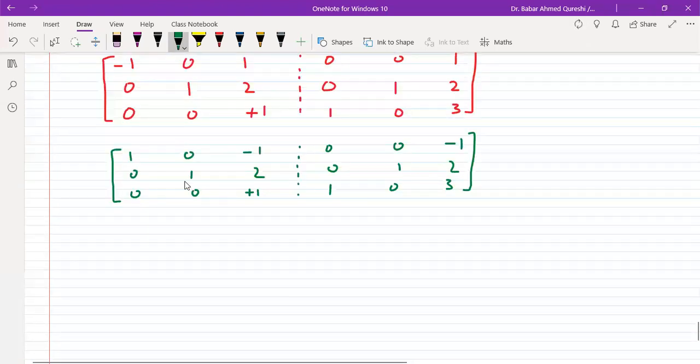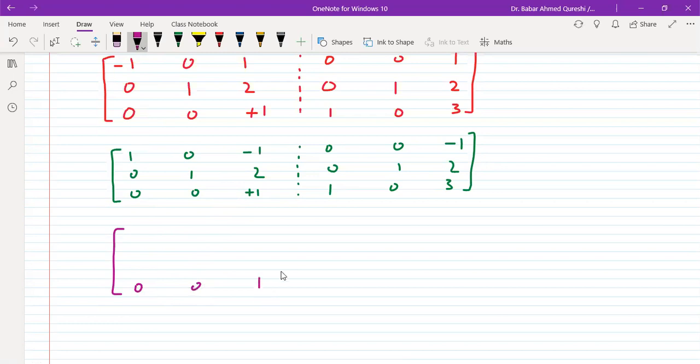Now I have got my echelon form and I just have to make it reduced. So I have to eliminate the numbers above the lead variables. So all I have to do is minus 2 times row 3 added to row 2 and row 3 added to row 1. So the row 3 remains same.